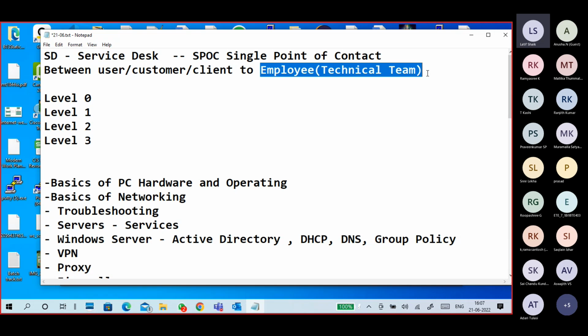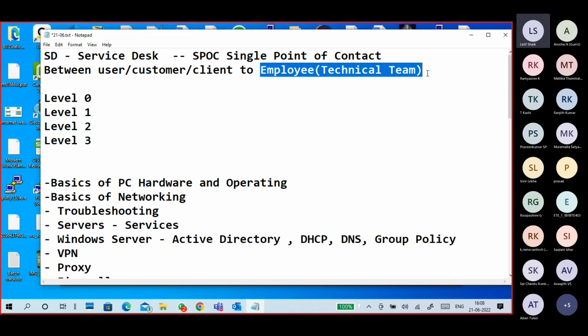Again, the IT team is separated. That also comes under service desk only. Overall work is simply to understand there is an issue: a customer or a user or a client informs an issue, and the information goes to service desk only.